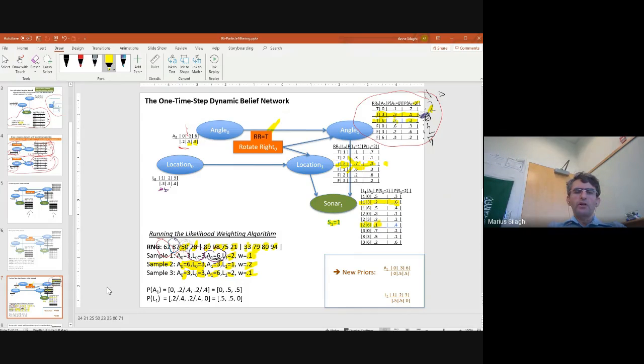So we see we got no angle 1 with value 0, so the probability of angle 1 having value 0 is 0. The weight for angle 1 equals 3 is 0.2 out of the total mass of 0.4, 0.1 plus 0.2 plus 0.2 plus 0.1.